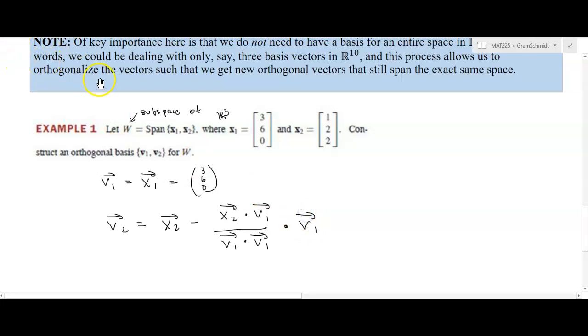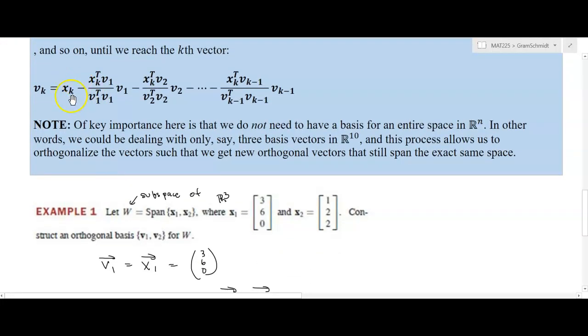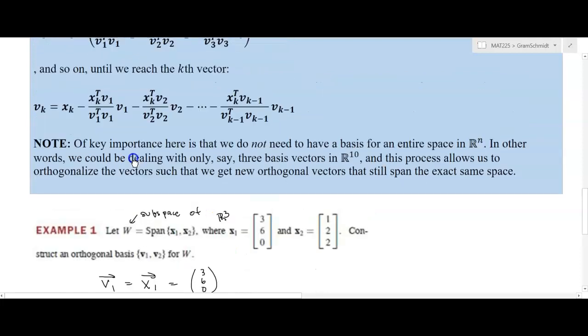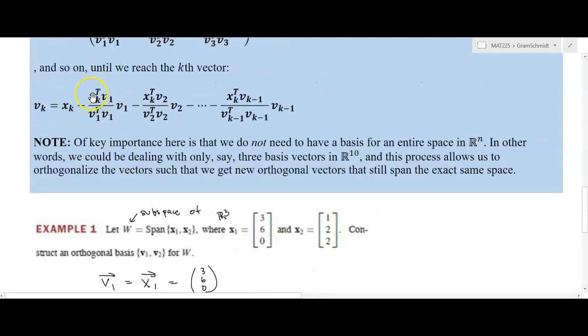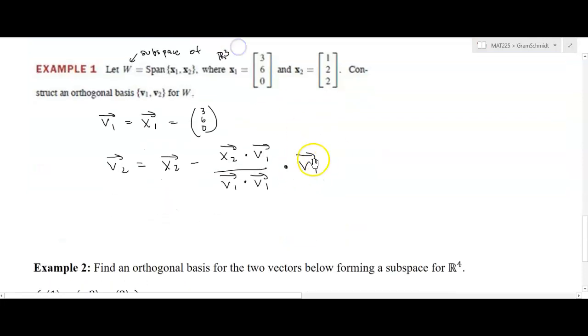And that's just consistent with our formula here. Take the current x vector, which is this one here, and then the next terms, if we had more vectors, we would for v3 have x3 dotted with v2 over v2 dotted with v2 times v2, etc. We only have two vectors here, so we'll have to do this 2 times.